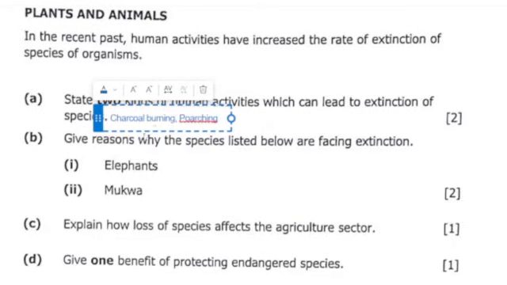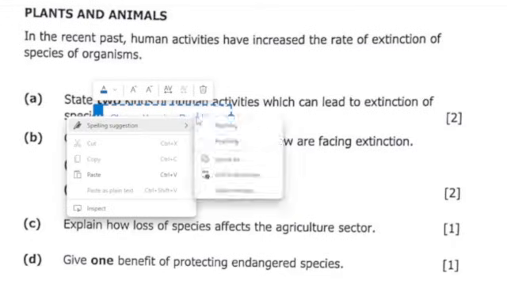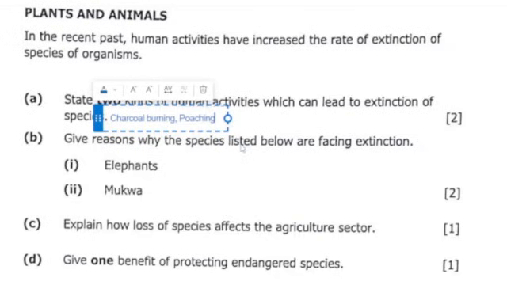So when we talk about poaching, I talk about killing animals unlawfully, because of the selfishness of people, people hungry for wealth.